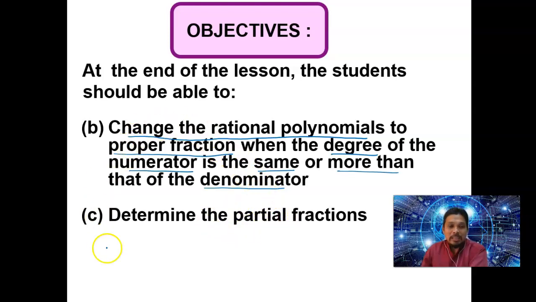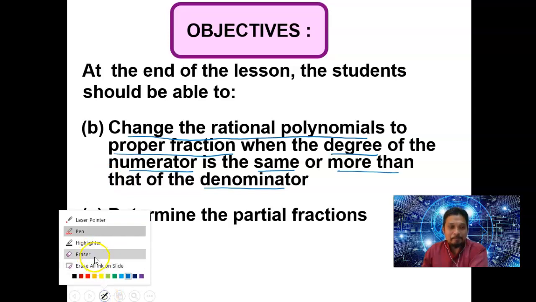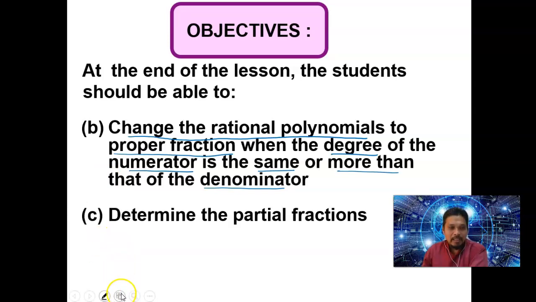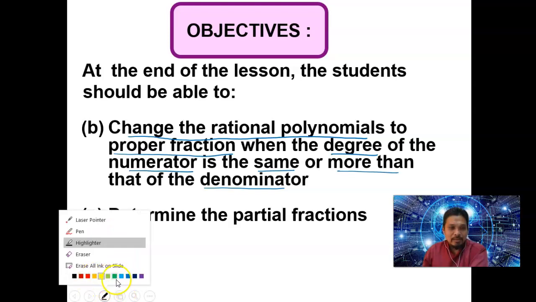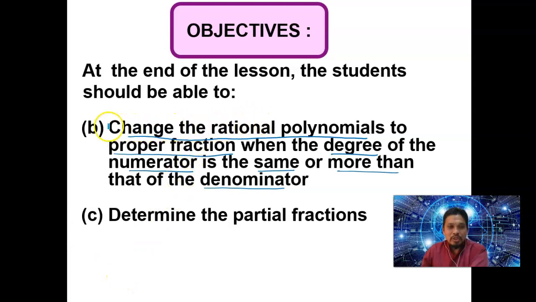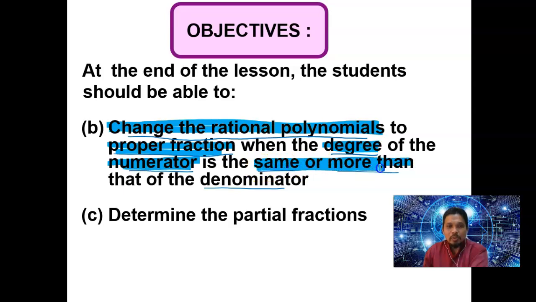So the key for this part is to change the rational polynomial to a proper fraction when the degree of the numerator is the same or greater than the degree of x from the denominator.